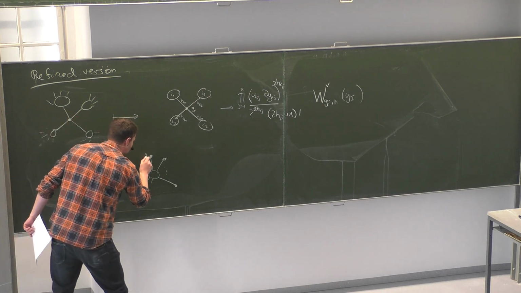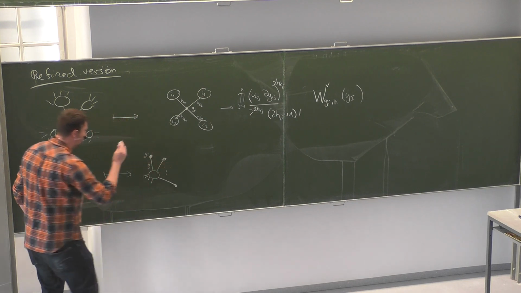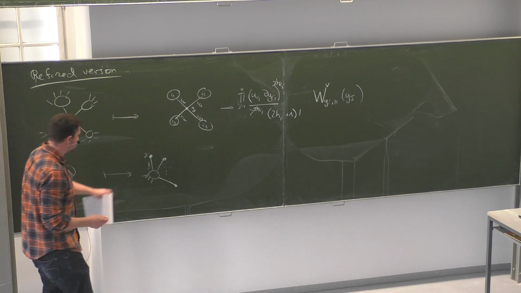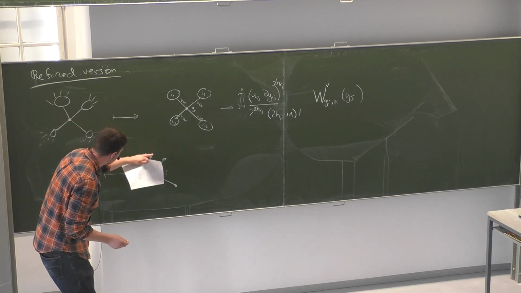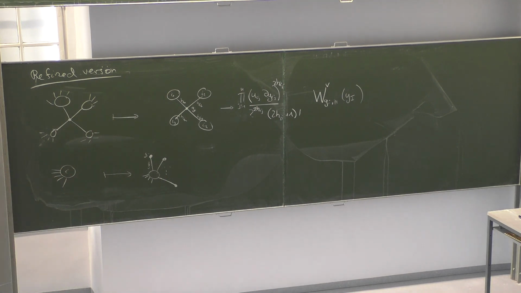So we have again a gi going down, and here some hj, which gives you this decoration on one-valent vertices. But here we have the important difference that we subtract something.